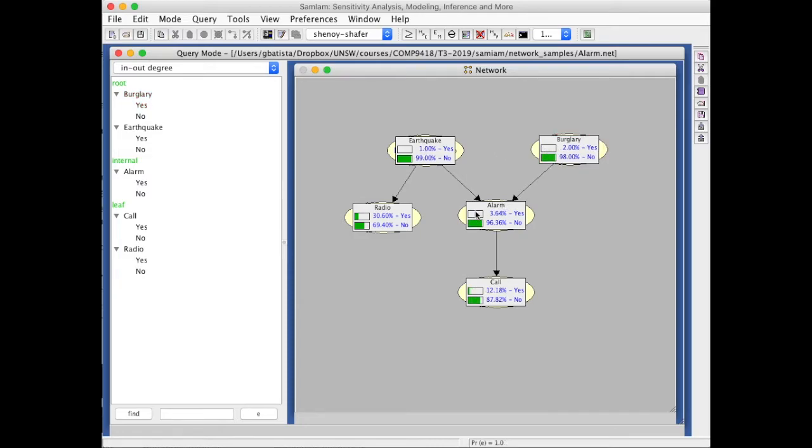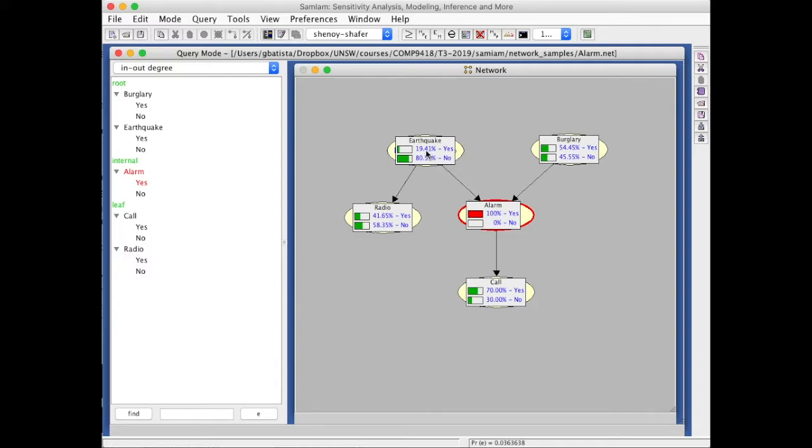But if we observe alarm, okay, now the two variables become more likely. Earthquake and burglary have the value yes more likely because they are both possible explanations for the alarm being triggered. But if we know that earthquake occurred, it will be the explanation for the alarm.